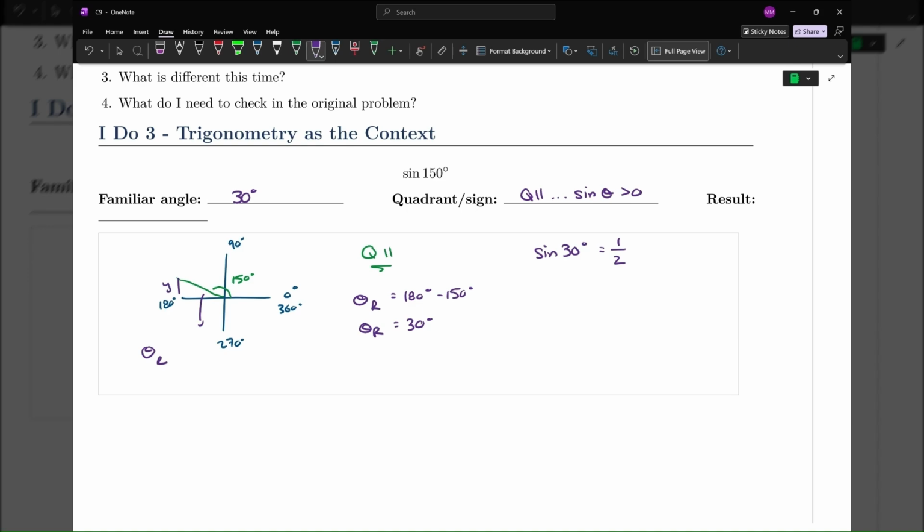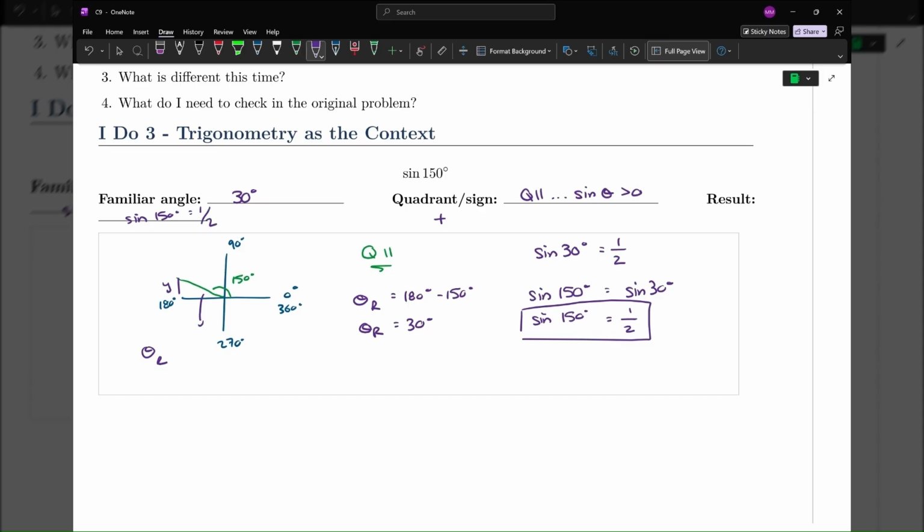So what that tells me is I know it's 30 degrees, I know it's positive. Therefore sine of 150 is going to be equal to sine 30, and I know sine 30, so sine 150 is going to be positive 1/2. I can put that up here as well. So sine 150 is equal to 1/2.